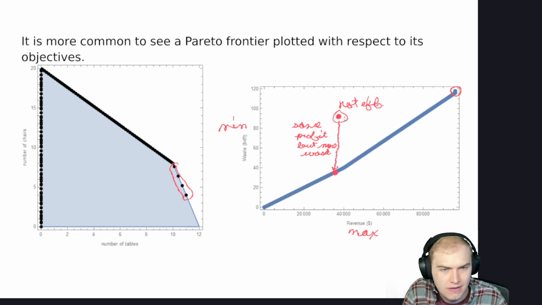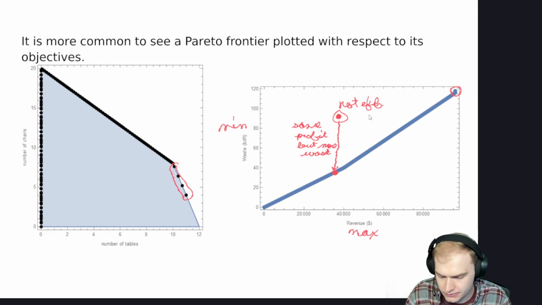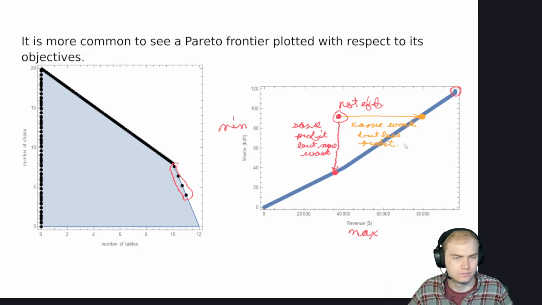We can also see that it has the same waste as this point, but less profit. So by both of those standards, it's not Pareto efficient.